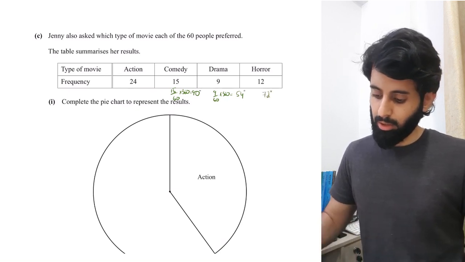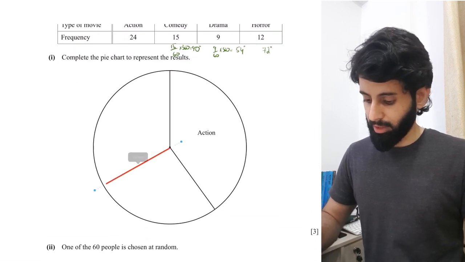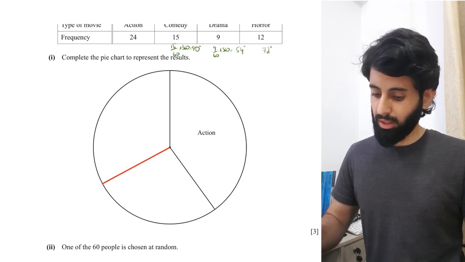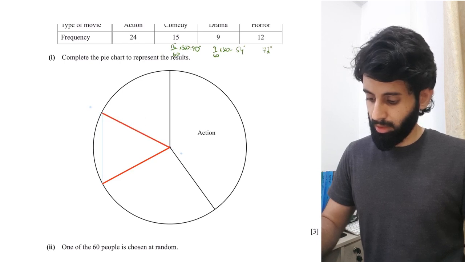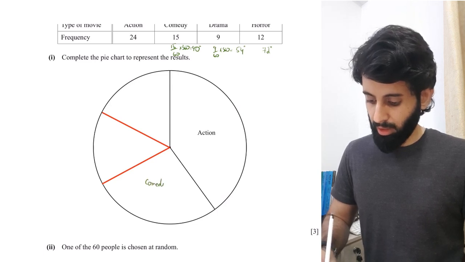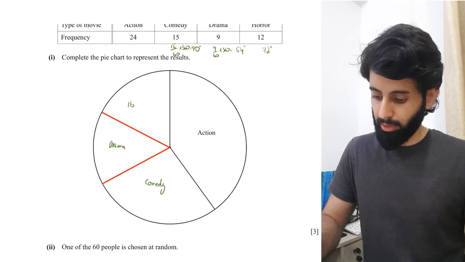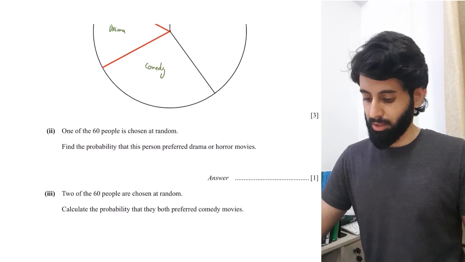Of course I can't digitally draw this with a lot of accuracy, but I can tell you that this is what 90 degrees is going to look like, and this is what 54 and 72 will look like respectively. When you're done, make sure that you label that this is for comedy, this is for drama, and this is for horror. Now remember, you're supposed to draw an accurate pie chart. You're not supposed to do what I've just done.